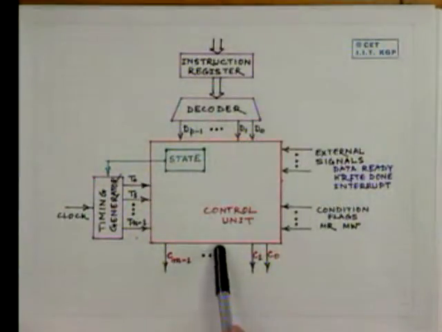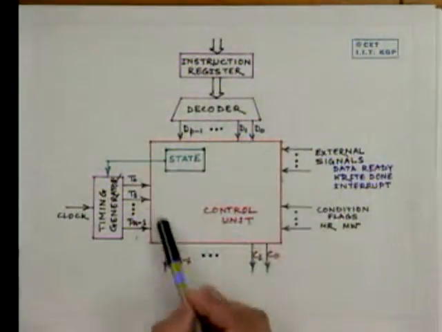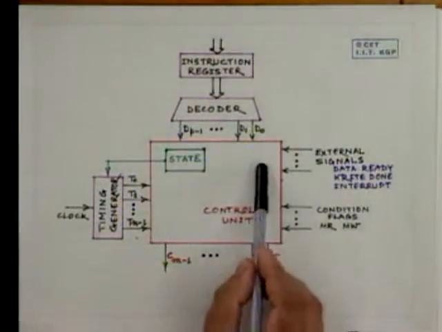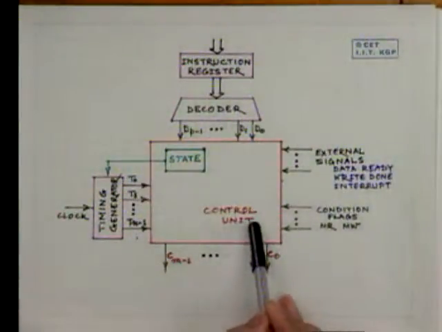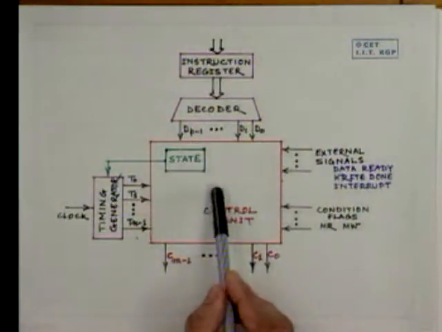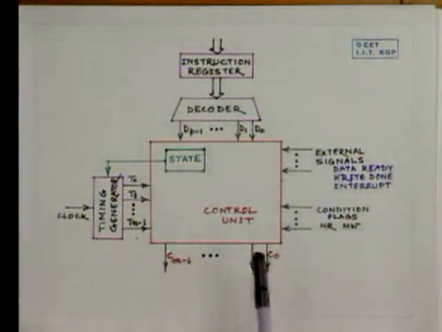As I said, we assume that this is a hardwired control unit. That means the entire circuit consists of interconnections of logic gates and flip-flops.